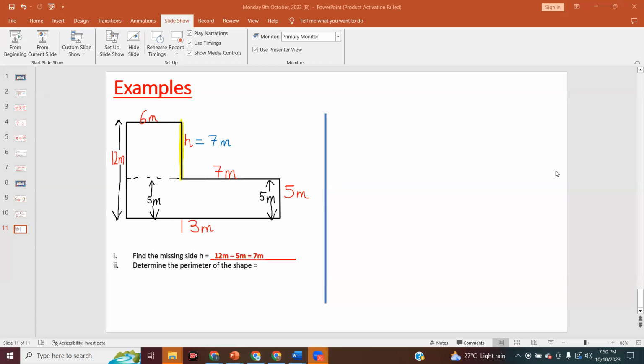Still, some of you are still not answering. What's the perimeter of the whole shape? You already know that h is 7, so what's going to be the perimeter of the whole shape?